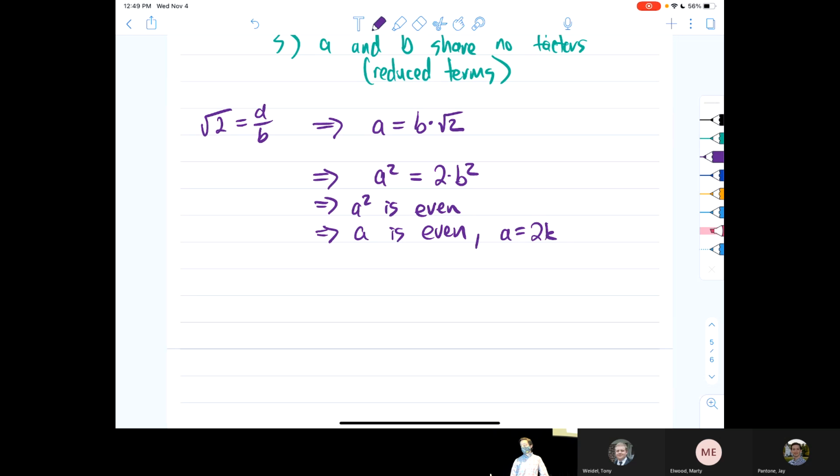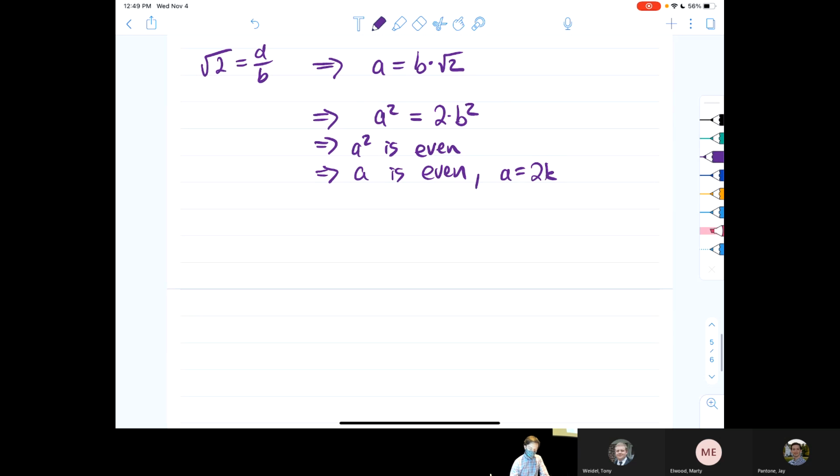Okay, so far, no contradiction. Well, let's take this 2k and plug it in to here. So that means that (2k) squared equals 2 times b squared. We're almost done, I promise. We square that out. That's 4 times k squared equals 2 b squared.